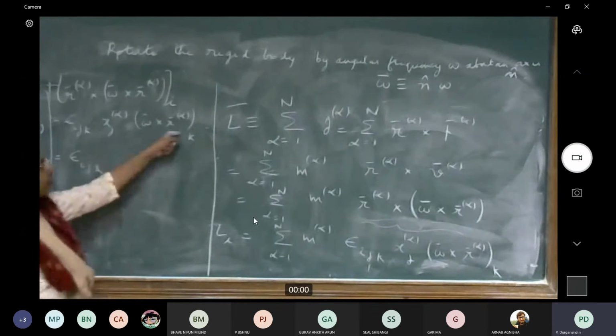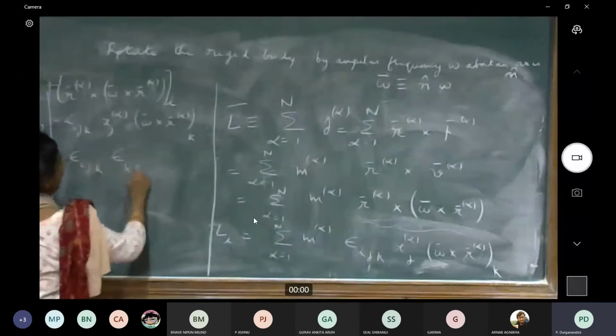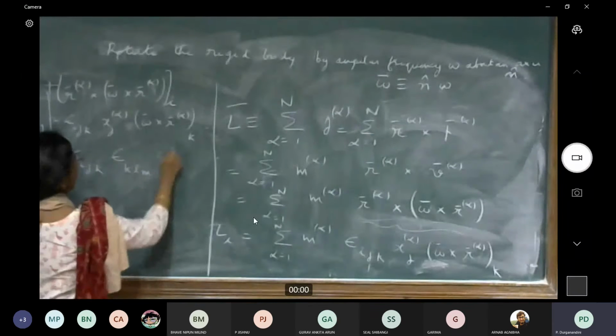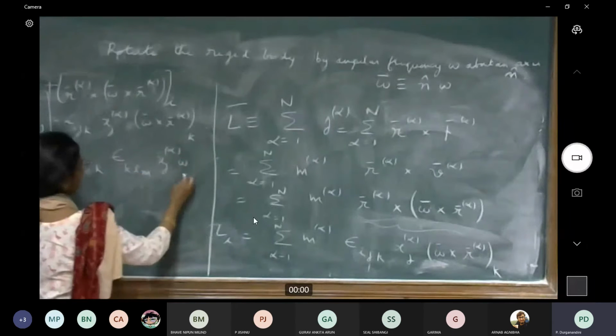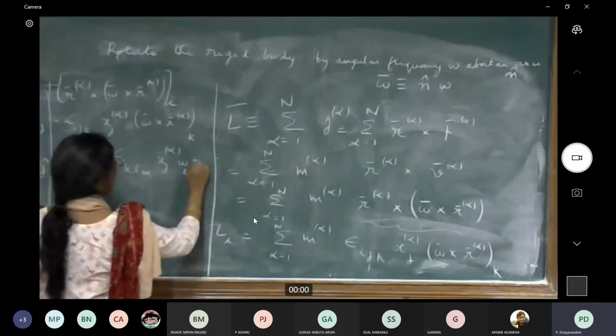The kth component of this cross product can be written as epsilon kln xj alpha omega l and xn.